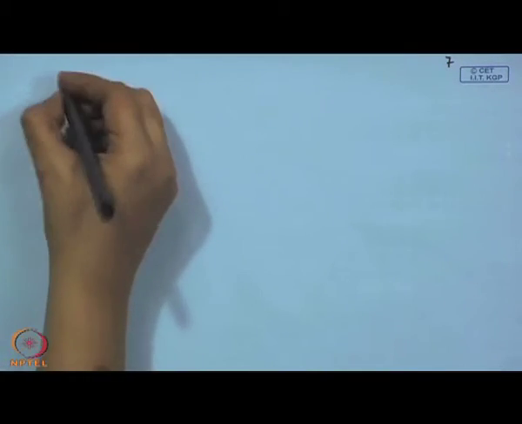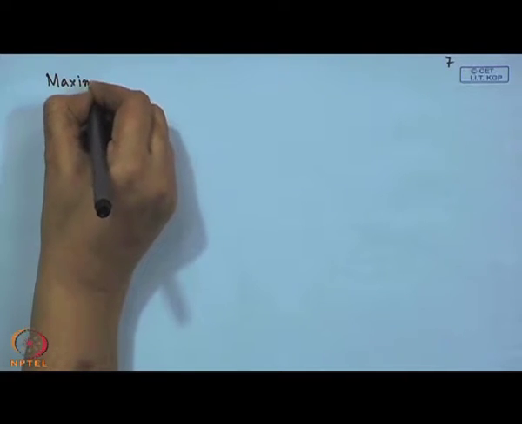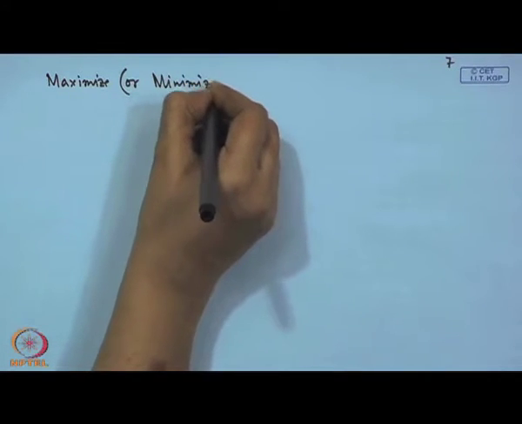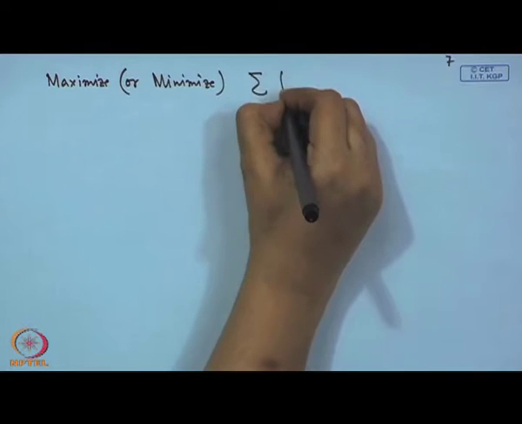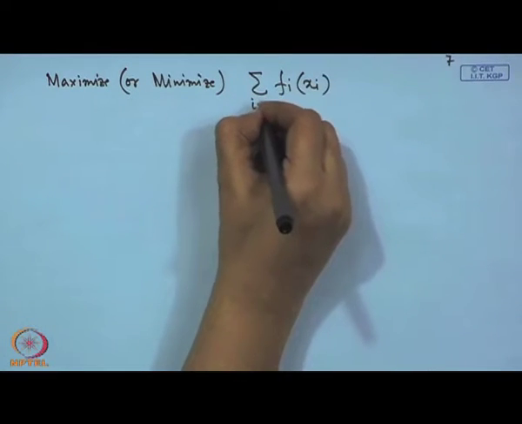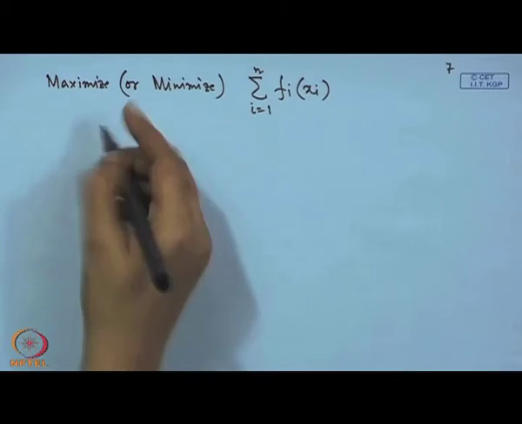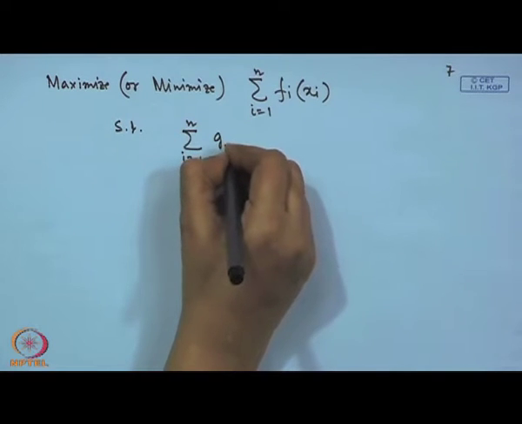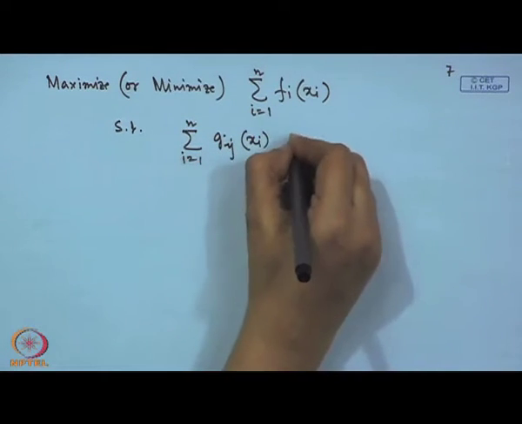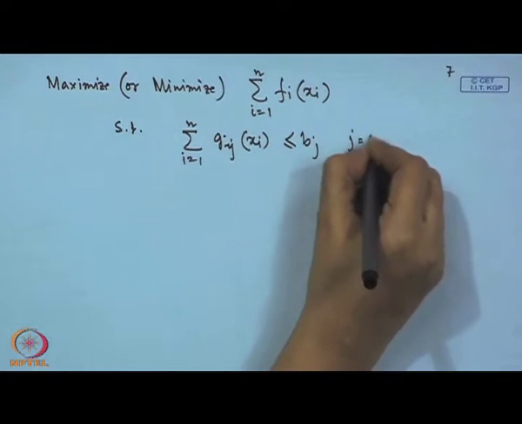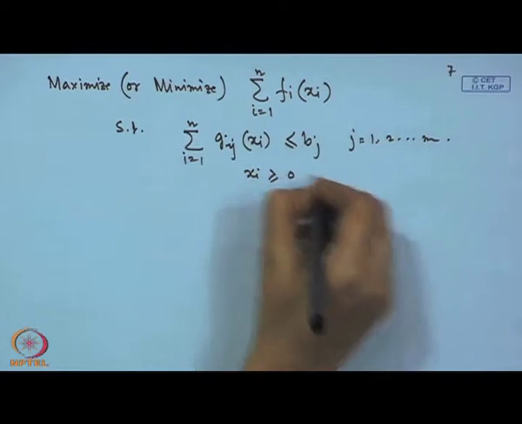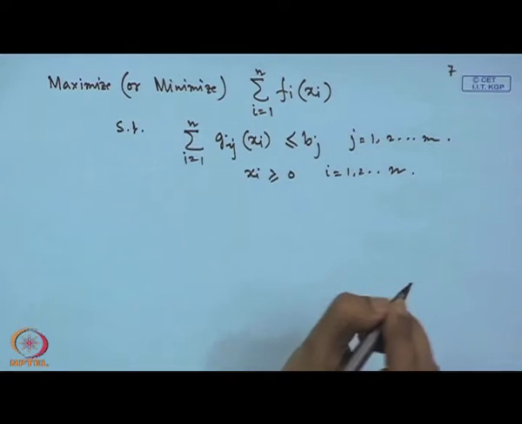Now, coming back to the separable programming problem, what is that? Maximize or minimize summation f_i(x_i), i equal to 1 to n number of decision variables involved, such that summation i equal to 1 to n of g_ij(x_i) is less than or equal to b_j. There are m number of constraints, and x_i's are all greater than or equal to 0, i equal to 1 to n.